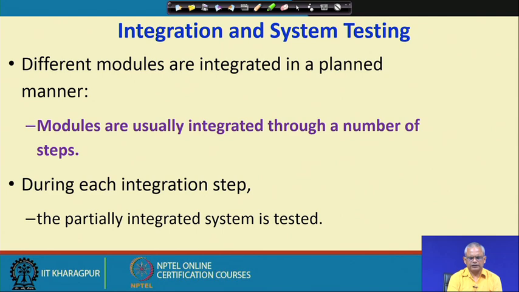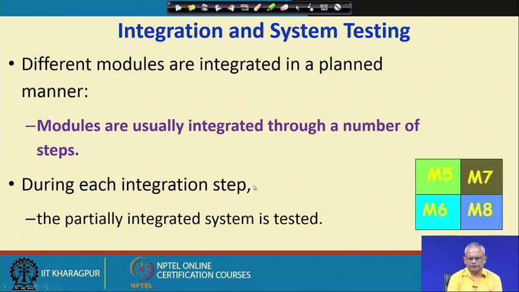That is, there are a number of steps through which the modules are integrated. Maybe initially these 4 modules are integrated. To integrate these modules, the main idea is that we check whether they are interacting properly. The interface bugs are the main focus in the integration testing.